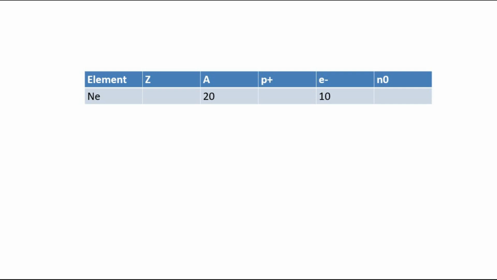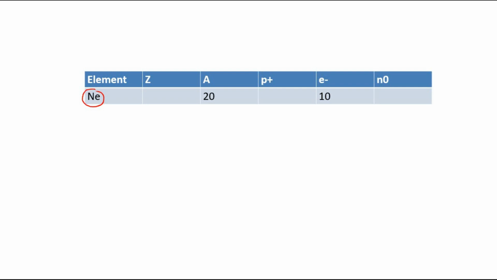For our last case, we have here a different format of a problem. It's not expressed in an element notation. By the way, our element here is neon, and the only given numbers are the mass number and the number of electrons.